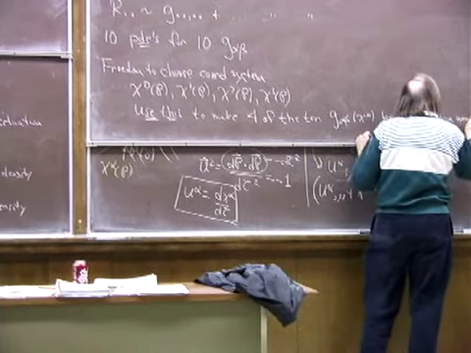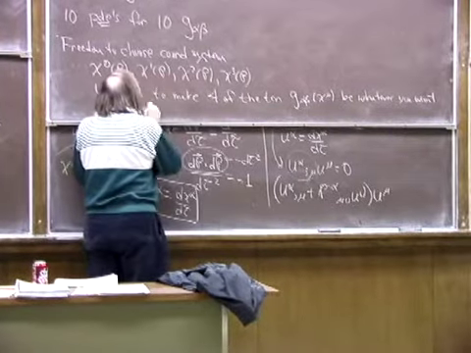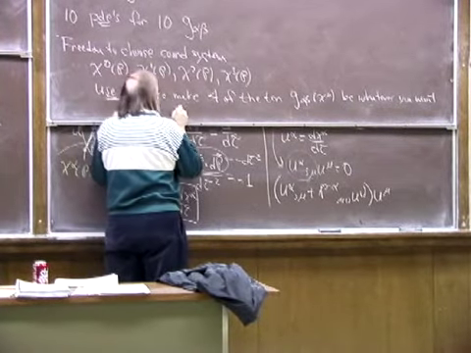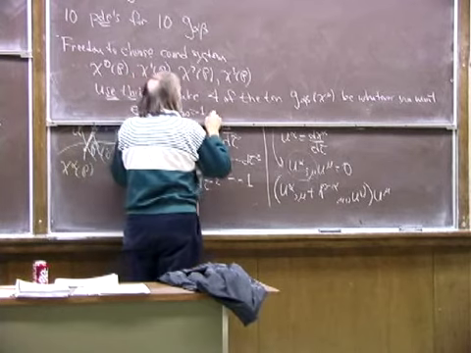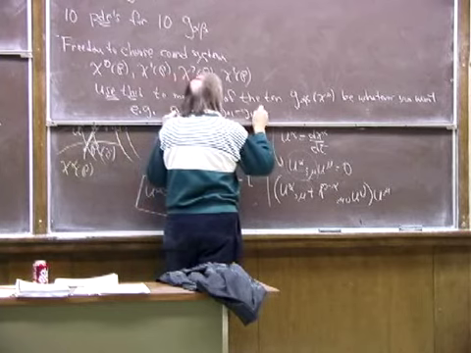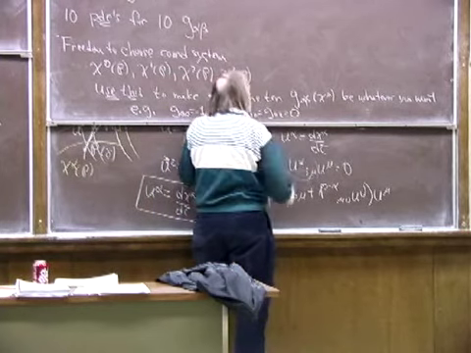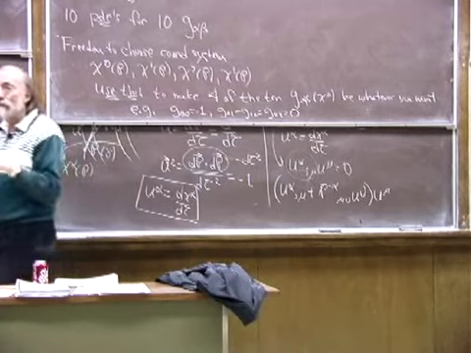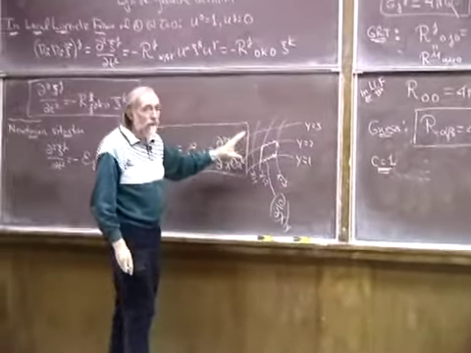And for example, one often likes to adjust the coordinates so G00 is -1, and so G01, G02, G03 are all 0. And you can do that by adjusting your coordinates. You just change the shapes of the coordinate lines appropriately. You can do it.